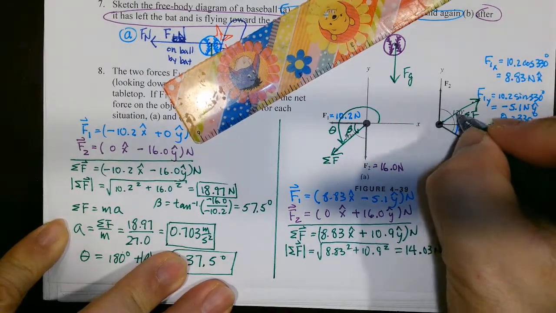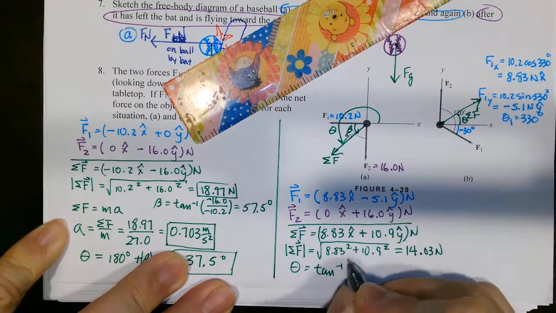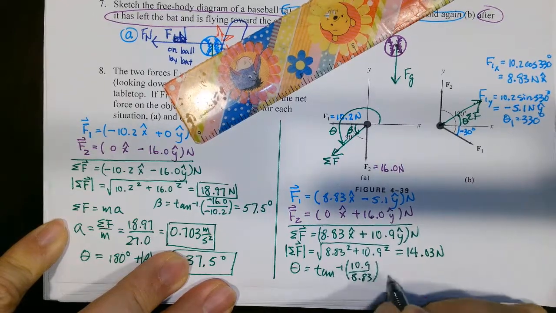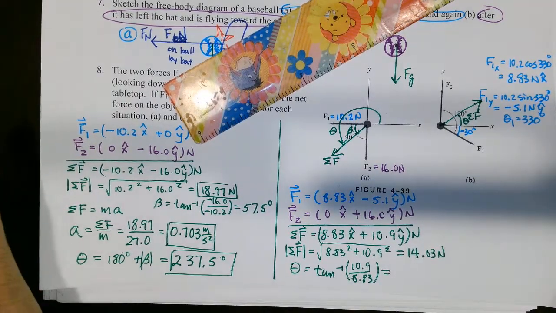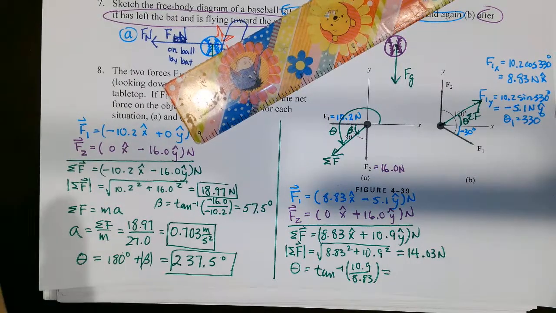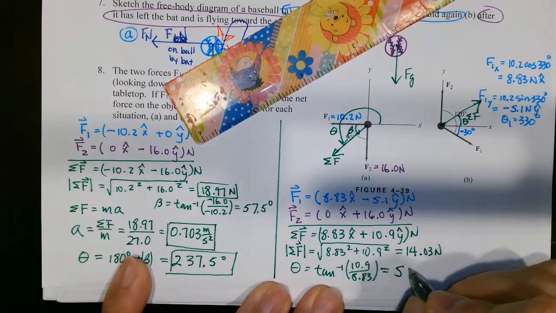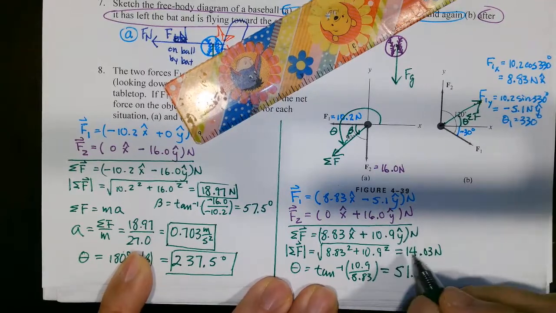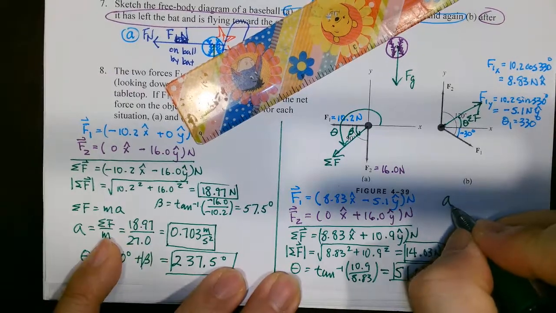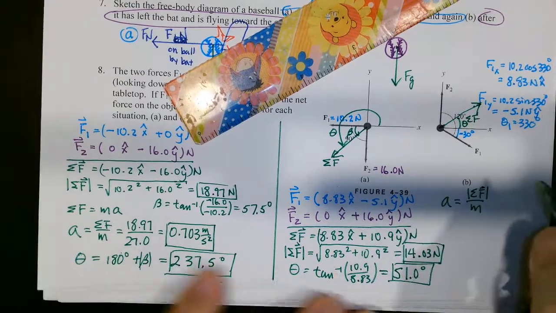Now this angle, theta, is simply tan inverse of 10.9 over 8.83 because it's in the first quadrant. So tan inverse of 10.9 divided by 8.83, and I get 51 degrees. So acceleration is equal to the net force divided by mass.